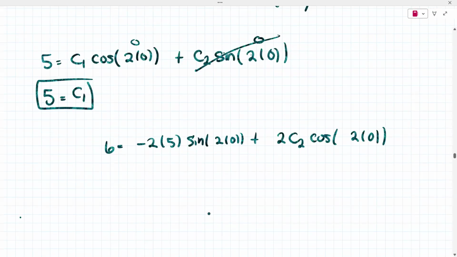And that gives you 6 equals 2 c2. Sine of 0 is 0, cosine of 0 is 1 times 2. That's how I got 2 c2. Solve for c2, so I'm going to divide this by 2, and I get c2 equals 3.